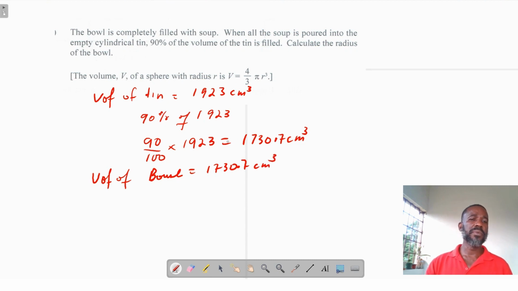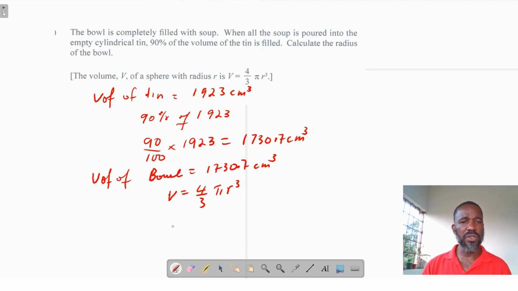Now if the volume of the bowl is 1730.7 cubic centimeters, they gave us the formula to use for the bowl, which is that V is equal to 4 over 3 pi r cubed.